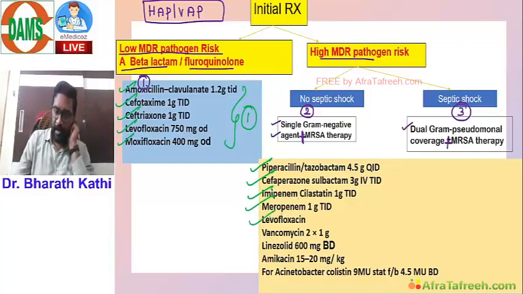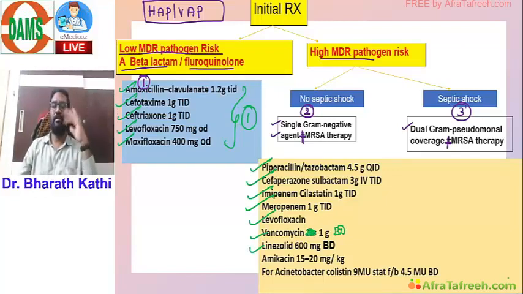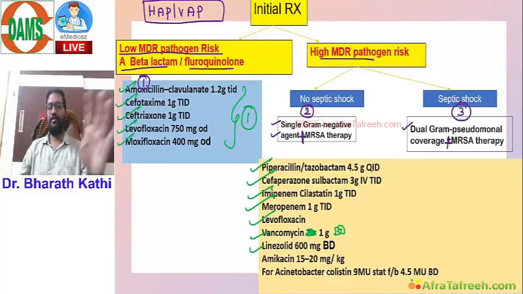Along with that, for MRSA, you have to give linezolid or vancomycin. Vancomycin dose is 1 gram BD, linezolid 600 mg BD. All these are routine doses, so no need to write them down. They are the same as the community acquired pneumonia doses. These 2 slides I will upload as a PDF.